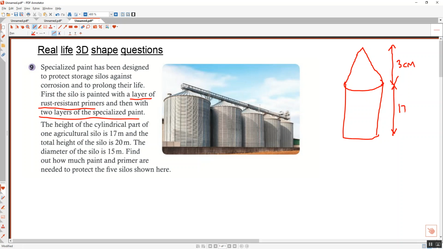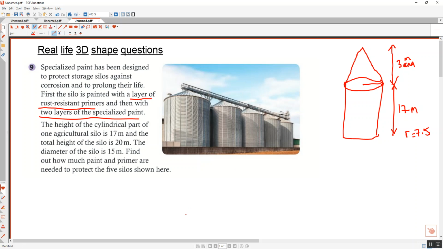We're told, if I put in the radius, it's in meters, of course, it wouldn't be centimeters. And the radius is 7.5. Good. I'm going to write down here, radius is 7.5.